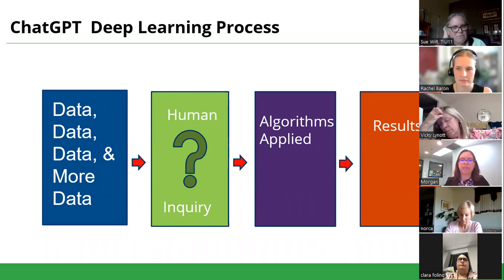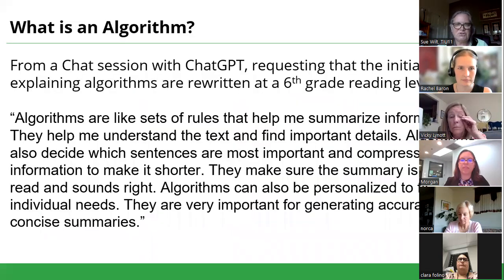So if you're not familiar with algorithms, if you go to the next slide, Rachel, I asked GPT to explain what is an algorithm. And initially, it gave me a very formal definition with 7 parts. And I thought, okay, but can you explain this with a 6th grade reading level? Because I thought that was a much more practical approach.